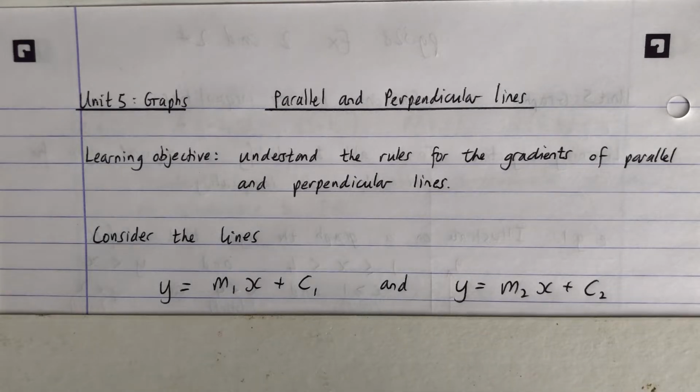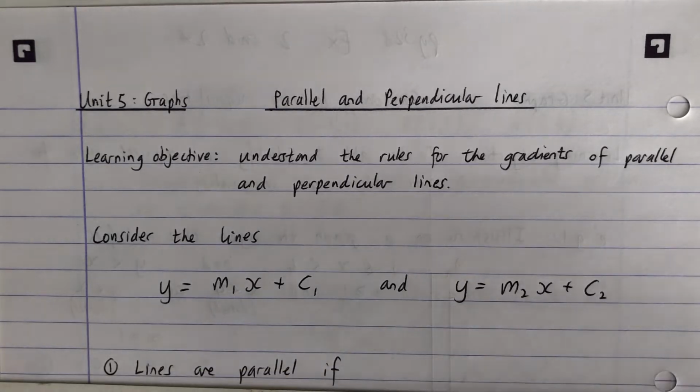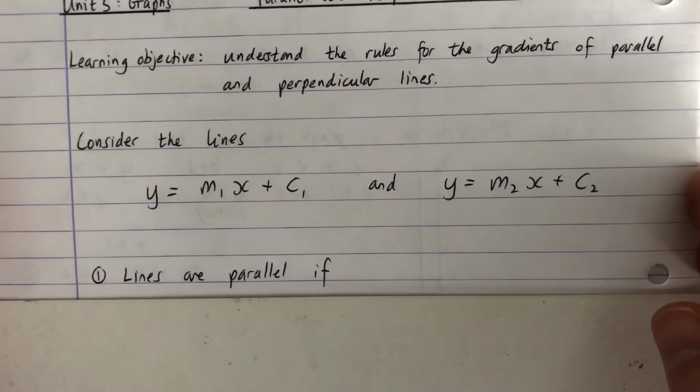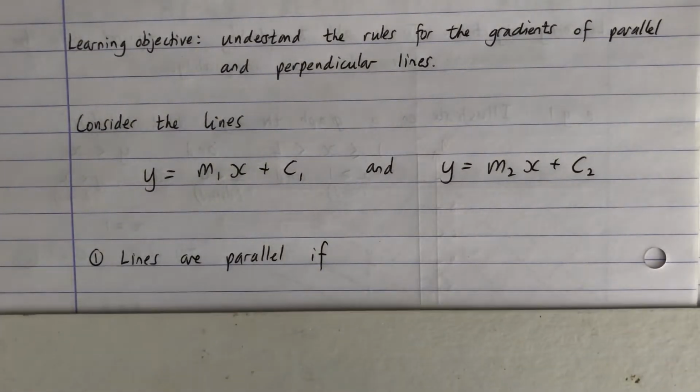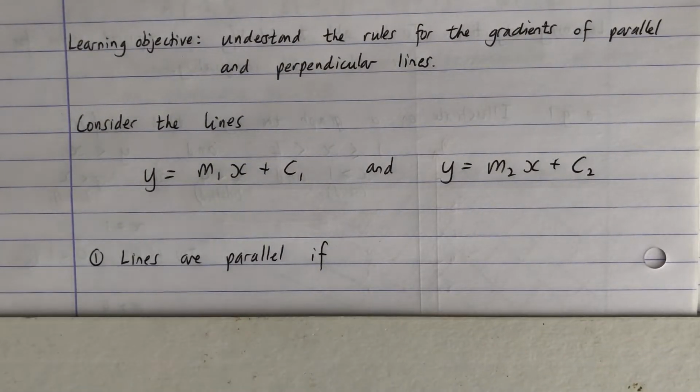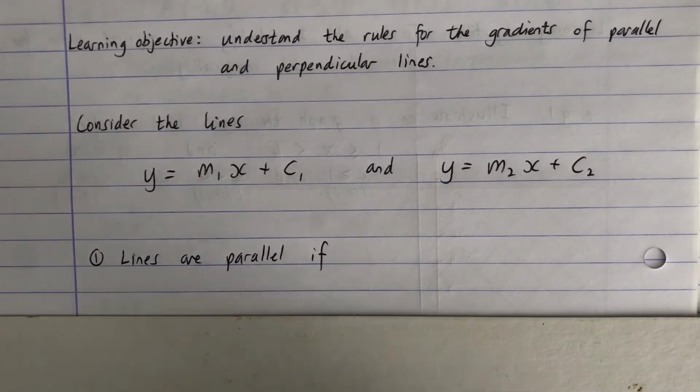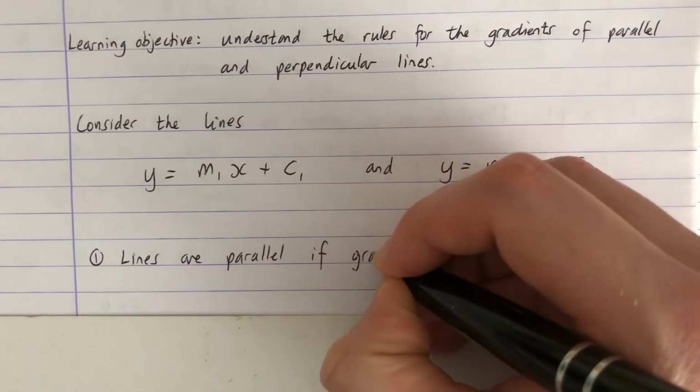Now, you need to know two facts. First one is what happens if the lines are parallel, okay? So this is a fact you should already know. So the lines are parallel if the gradients are equal, okay?